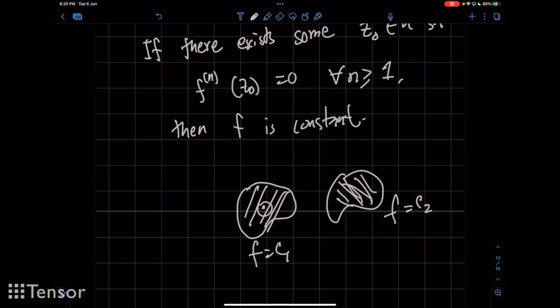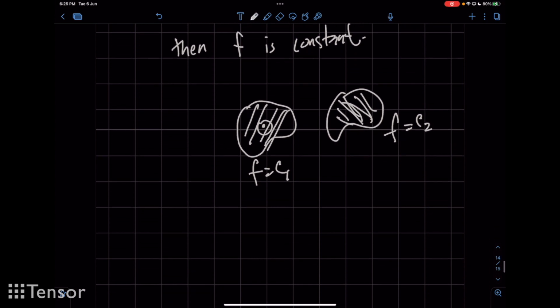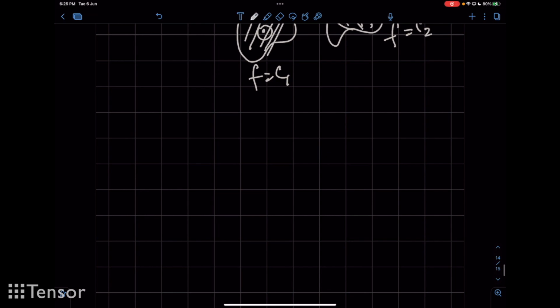All right, and now I have a couple more theorems about holomorphic functions. This one is called the maximum modulus principle.